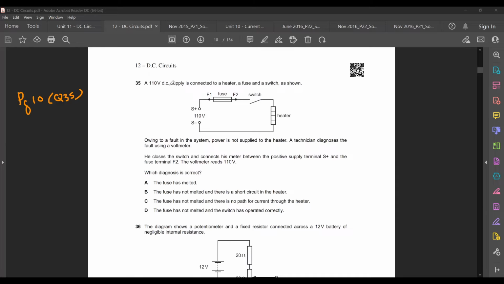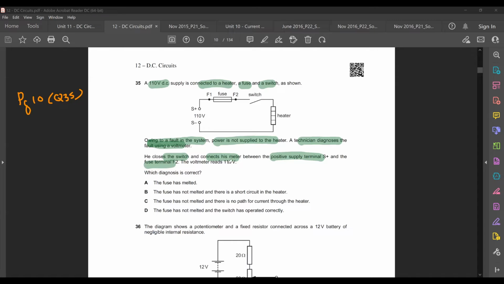They tell you a 110 volt DC supply is connected to a heater, a fuse, and a switch. Owing to a fault in the system, power is now not supplied to the heater. A technician diagnoses the fault using a voltmeter. He closes the switch and connects his meter between the positive supply terminal S plus and the fuse terminal F2.